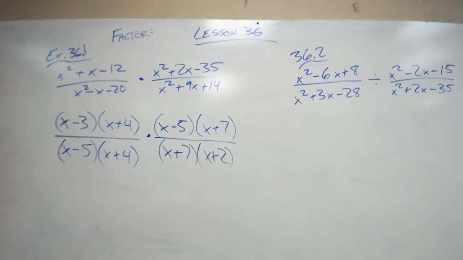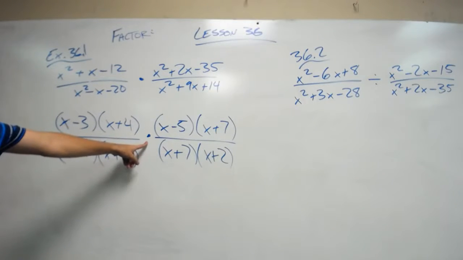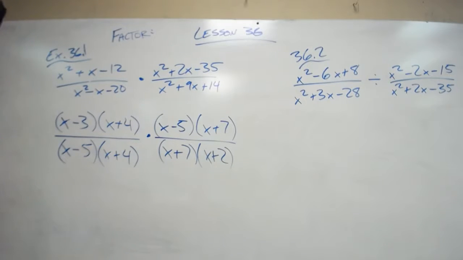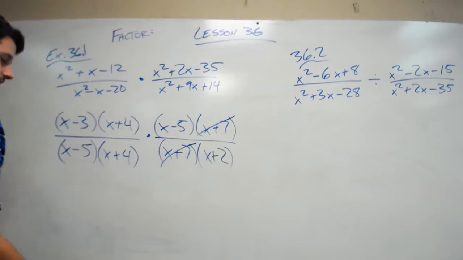Now once you get to this part, we're going to start wiping things out. We can cancel stuff because it's all being multiplied. The sums are in their own identity, but they're being multiplied, so therefore we can cancel whatever is alike. Here's an x plus 7 and x plus 7. Well, x plus 7 over x plus 7 is 1.